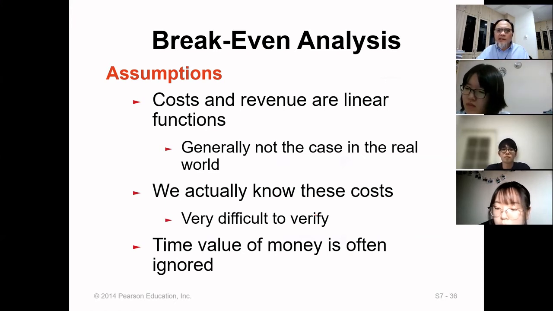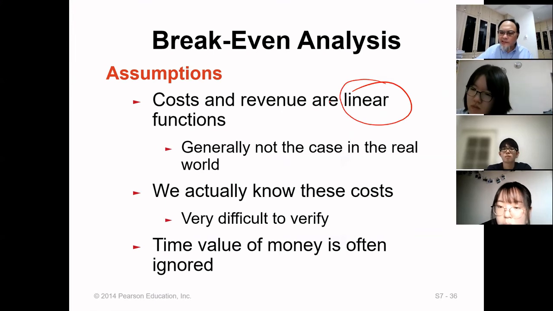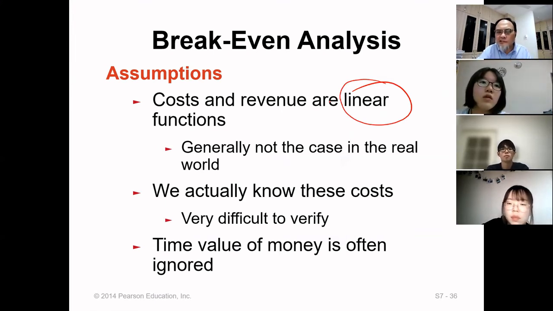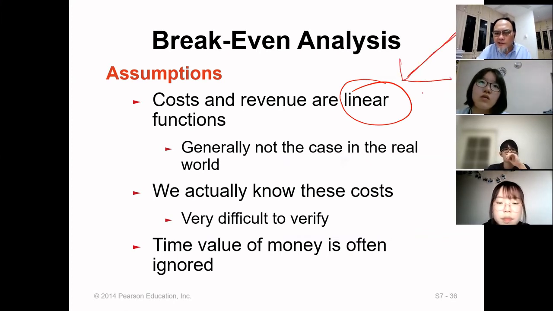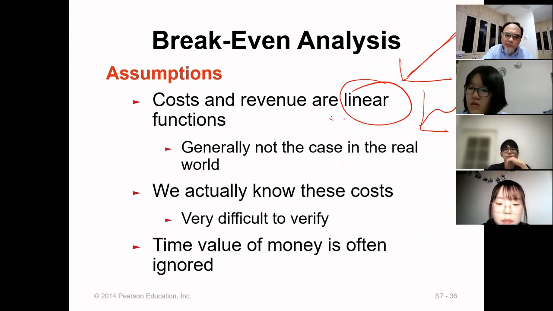It is not the case in the real world, but it is the best assumption, which is linear. You know linear? Linear is a straight line, a linear function. So we assume linear cost and revenue.